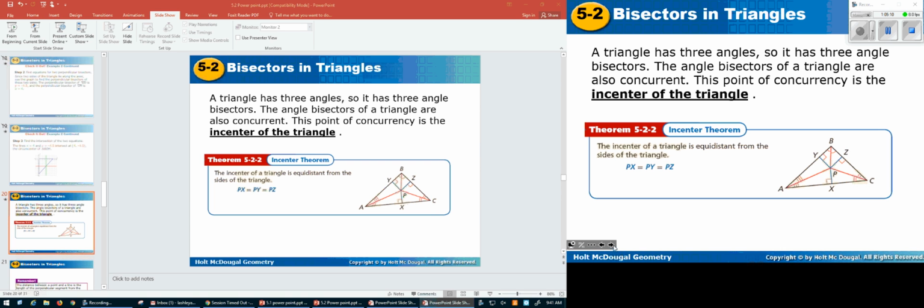So you may have to fudge yours just a little bit since we're not taking the time to really construct them. But we reviewed how to construct them in bellwork. So you could construct the angle bisectors, but pretend that they perfectly intersect at one common point because they should.